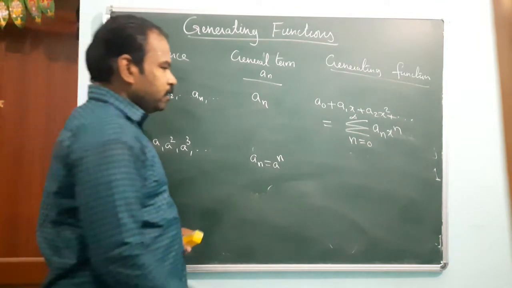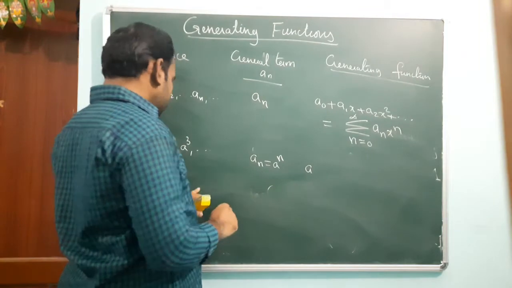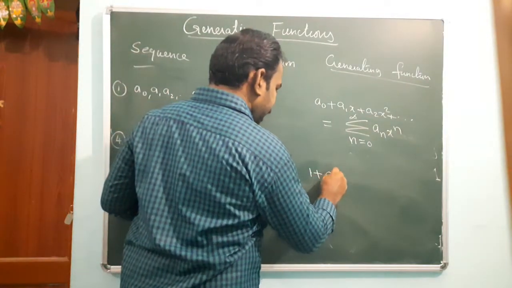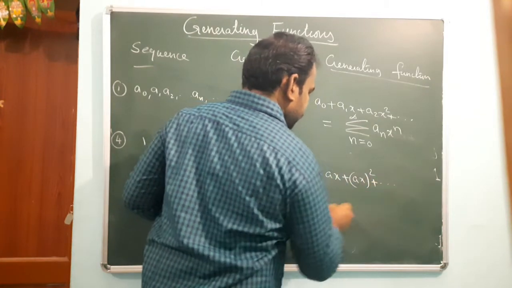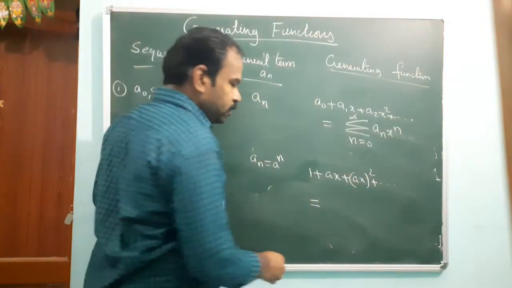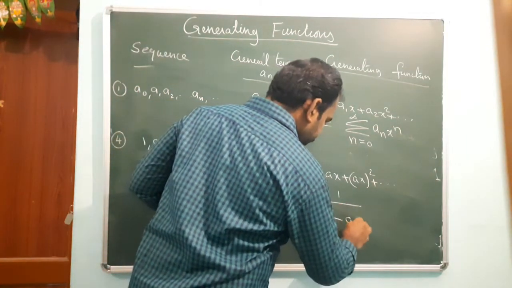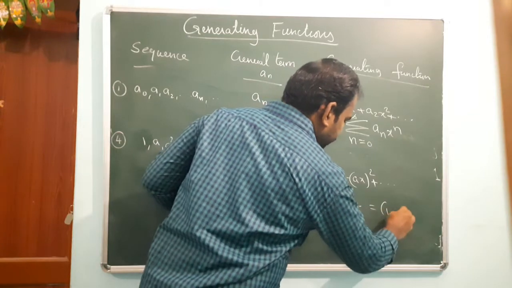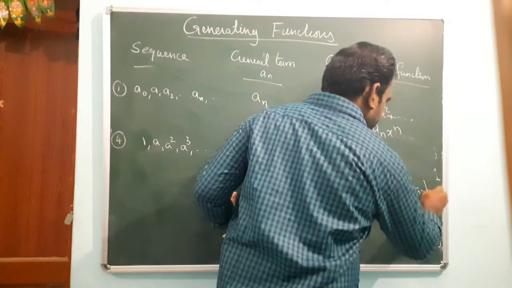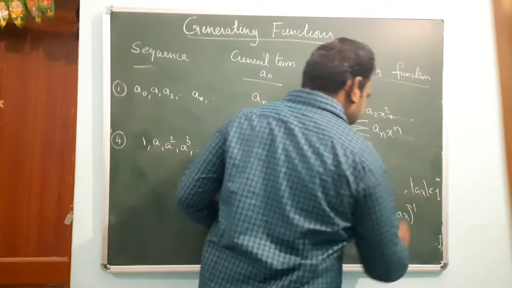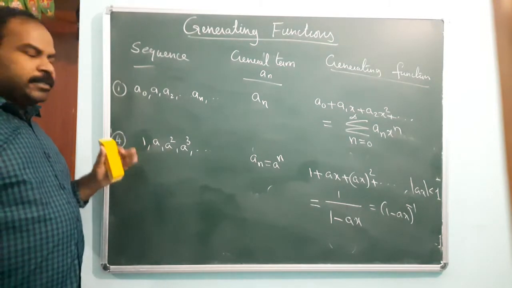So the generating function is 1 plus ax plus ax whole square plus etc. This is one of the famous examples. It is the same geometric series, that is 1 by 1 minus ax, that is 1 minus ax whole power minus 1, where mod ax is less than 1. These are the most important examples.